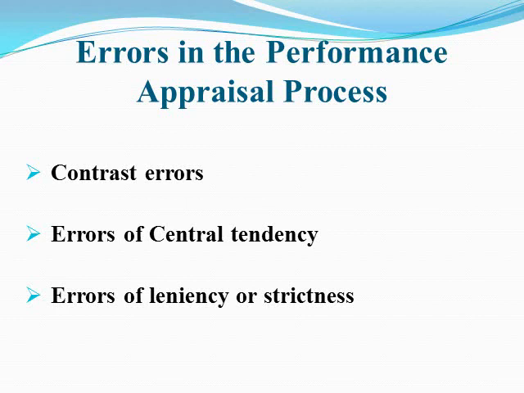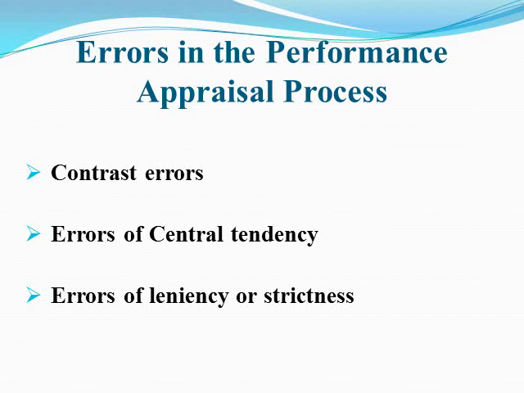On the other hand, if we are going to talk about the strictness error, it occurs when the supervisor rates the employee's performance lower than it would be if compared against any objective criteria. And here the opposite is true. In this case, we are more strict, tough. So if the supervisors make this error over time, the employees may receive smaller pay raises.